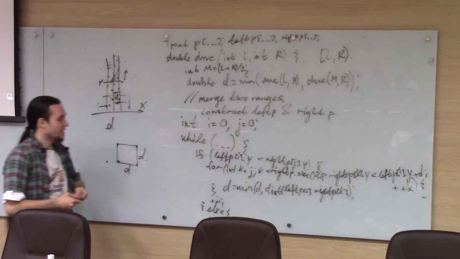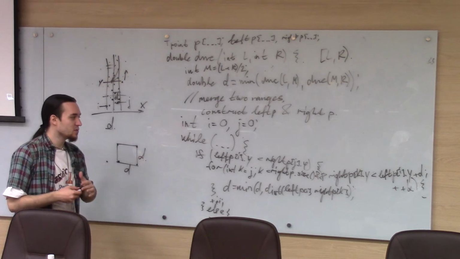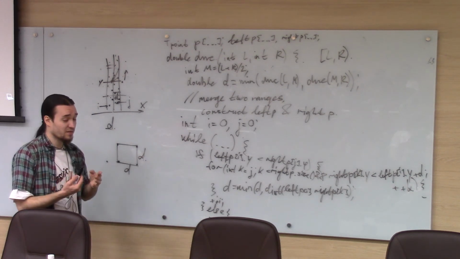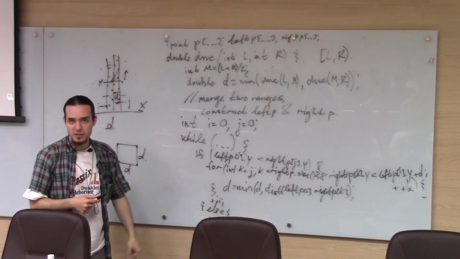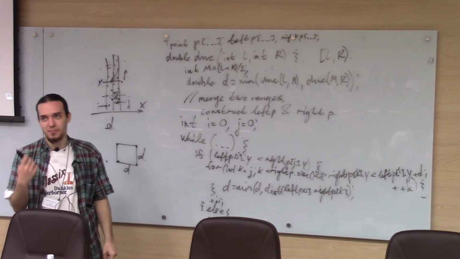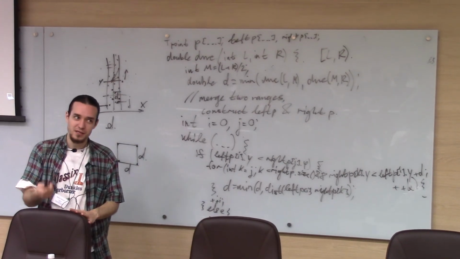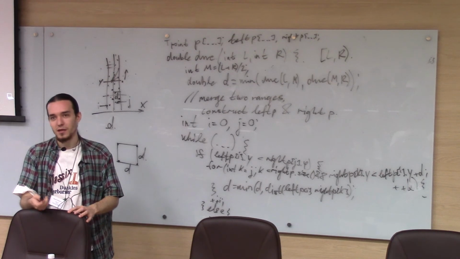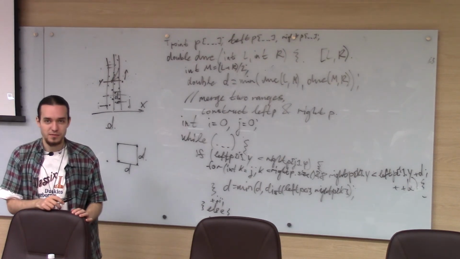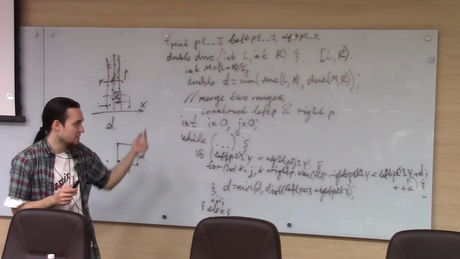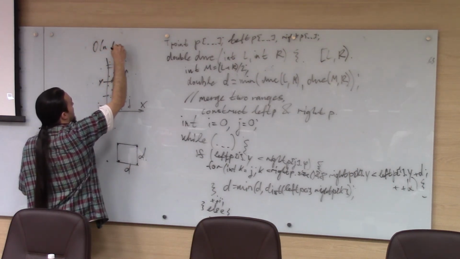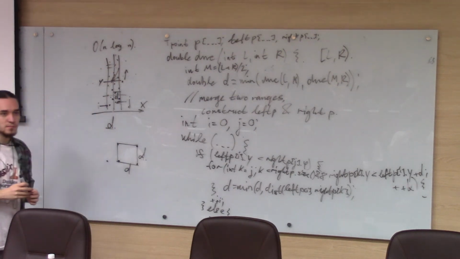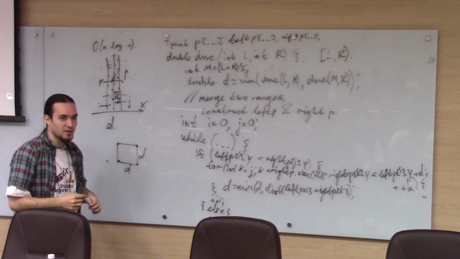So assuming that this works in constant time every iteration, then all of this works in linear time, and by the same reasoning that we estimate the working time of merge sort, we have that this works in n log n time. Okay, so this is the solution.